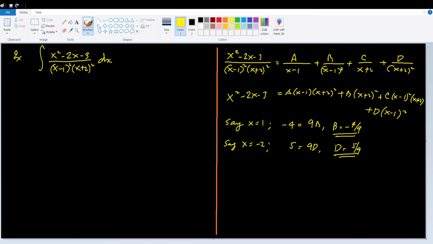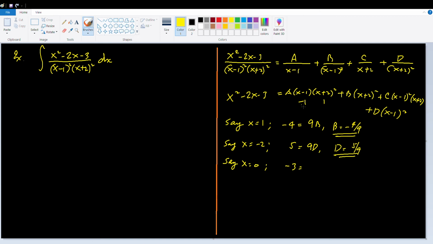Okay, no more values of x will give us directly the values of a and c. So we can assign any value and make use of the values of b and d. So say x is equal to 0. So 0 squared minus 2 times 0 minus 3 is negative 3. 0 minus 1 is negative 1, and then negative 1 plus 2 is positive 1, squared is 1.